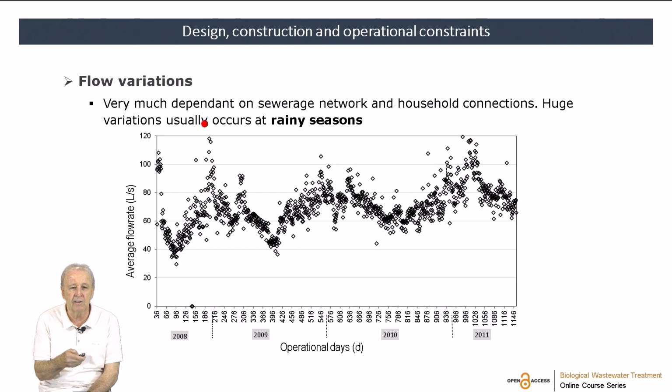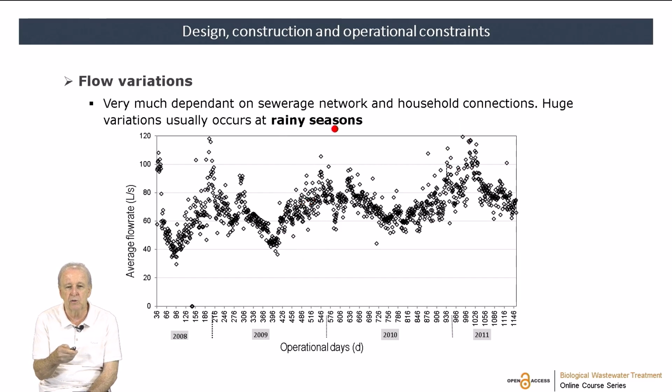But we can see that in many days, the flow rate is much higher, and this is due to rainwater entering the collection system. So we have a lot of big flow rates due to rain here again in this year, again here.